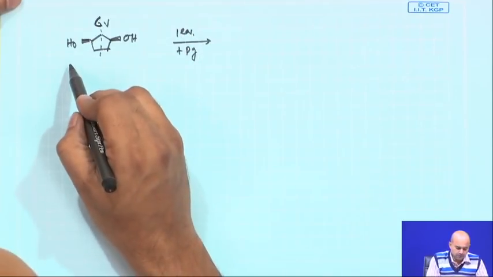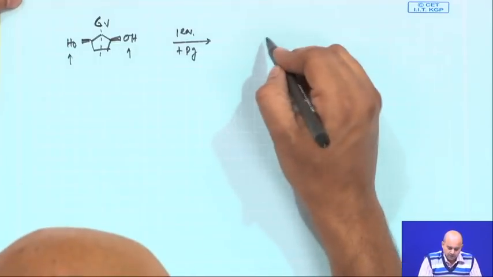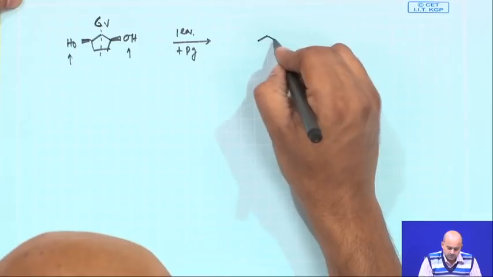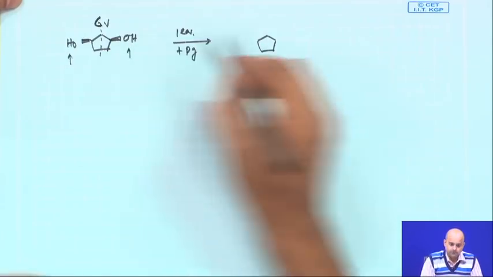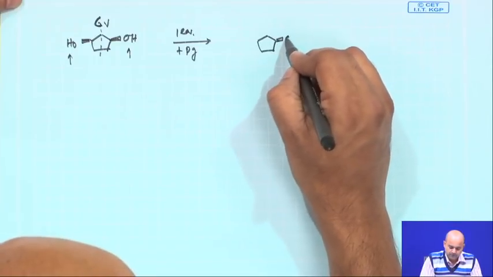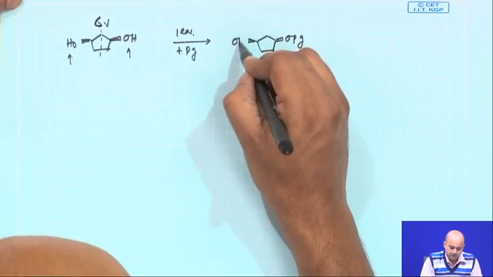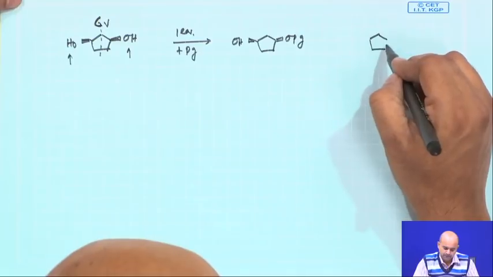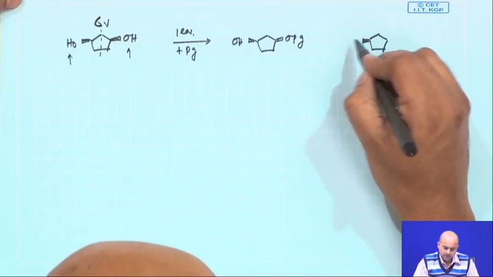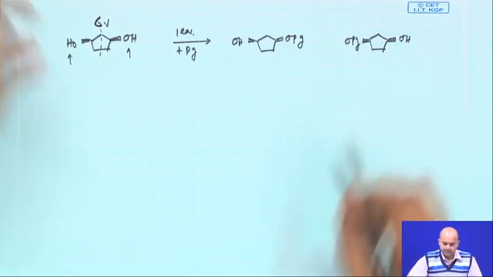In principle this protecting group can come here as well as here. Let us first see: if the right hand side OH is protected you get this, and if the left hand side is protected, you get this compound.